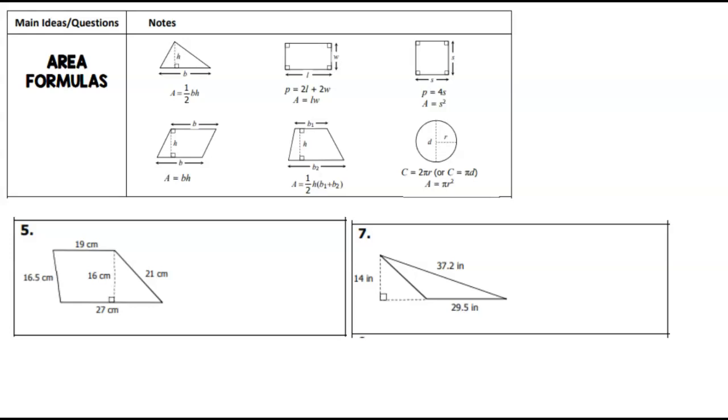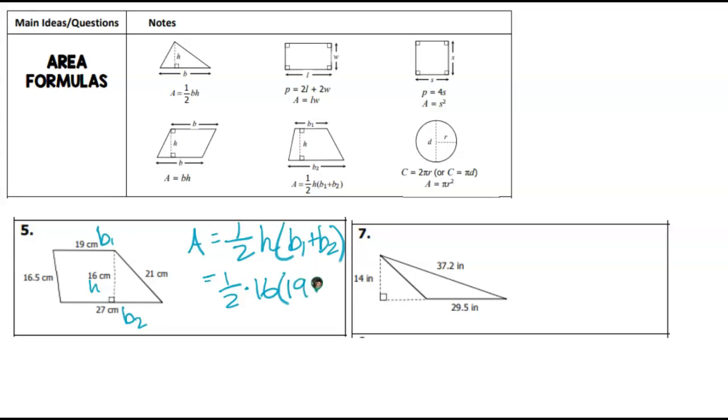So its area is equal to 1/2 times height, and then I'm going to add my two bases together, base 1 and base 2. So I'm going to take 1/2 times my height, which is 16 right here. Then I'm going to add my two bases. This could be my base 1. This is my base 2. So I'm going to add 19 plus 27.